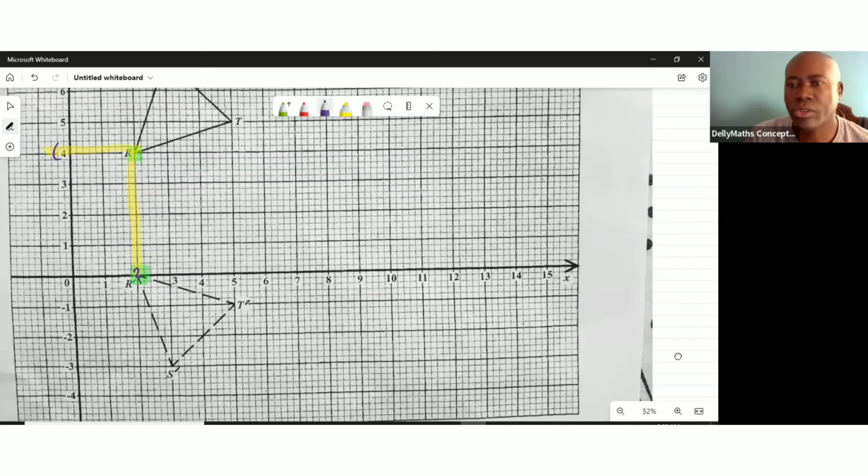So R is 2, 4. R prime, as we could see here, is simply looking at the X. R prime would be 2 on the X, which means 0 on the Y. So it's a 2, 0 for R prime and a 2, 4 for R.